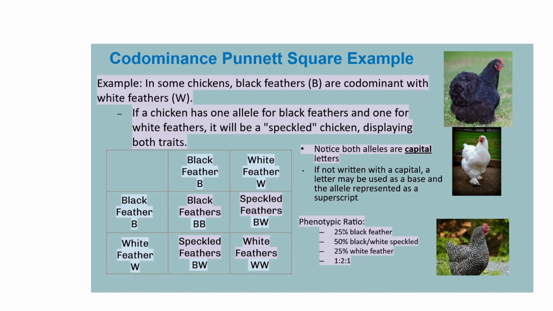So our phenotypic ratio would be 1 to 2 to 1, with 25% being black, 50% speckled, and 25% with white feathers, making it a ratio of 1 to 2 to 1.